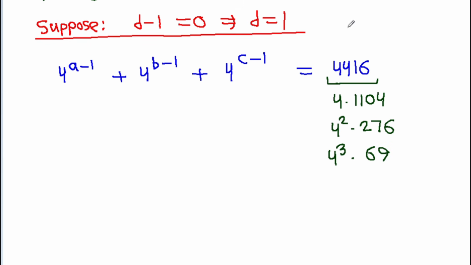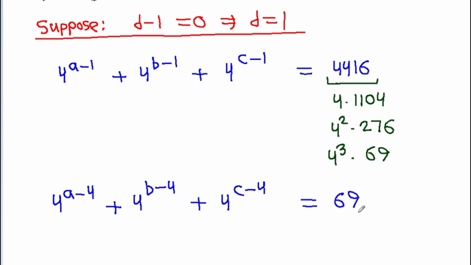And now if we divide both sides by 4 cubed, then 4^(a-4) + 4^(b-4) + 4^(c-4) will be 69.